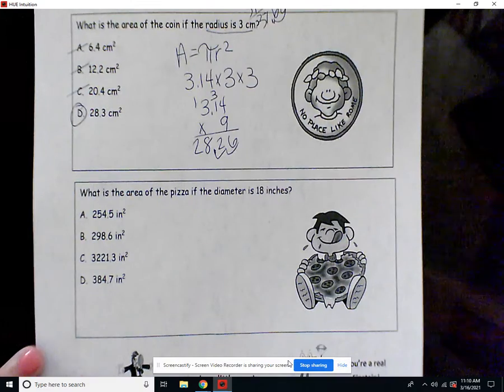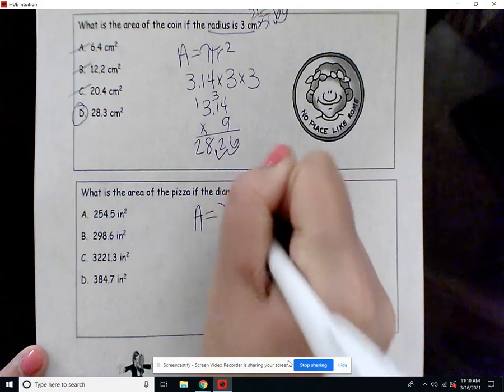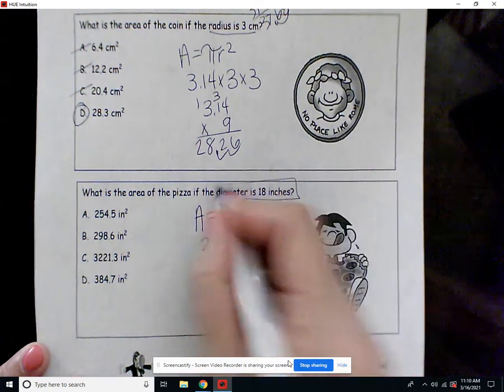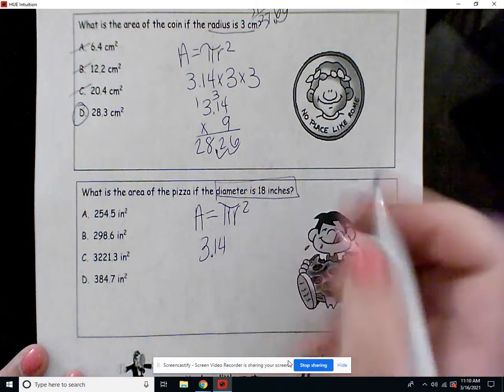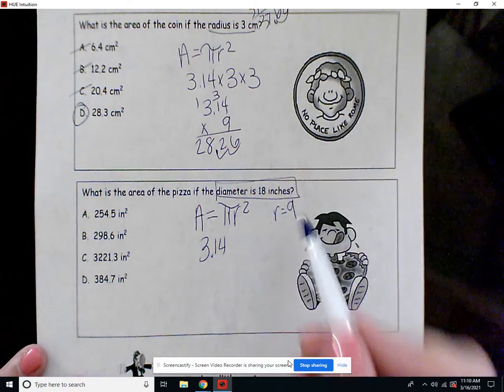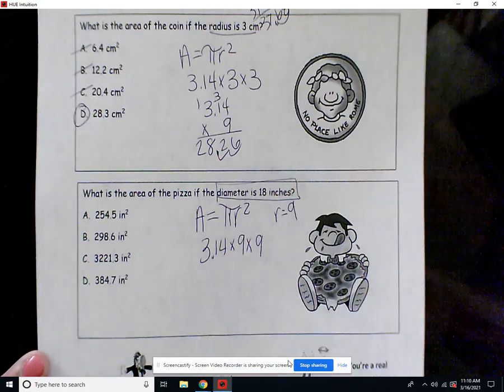All right, so for our last one, what is the area of the pizza? The diameter is 18. To get its area, it's pi r squared. Pi is 3.14. It says diameter. It has to be a radius. So to go from a diameter to a radius, we'll divide by 2. So now my radius, 18 divided by 2, is going to be 9. We'll put 9 down 2 times.